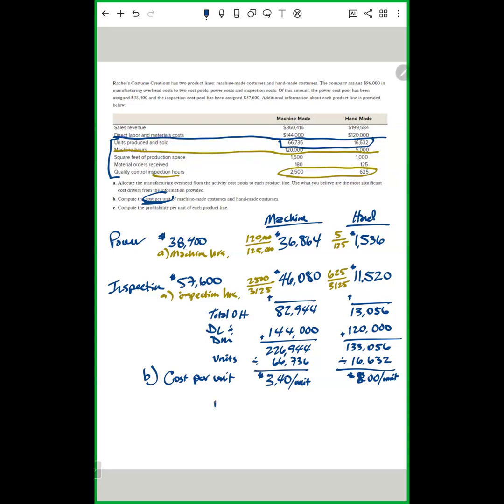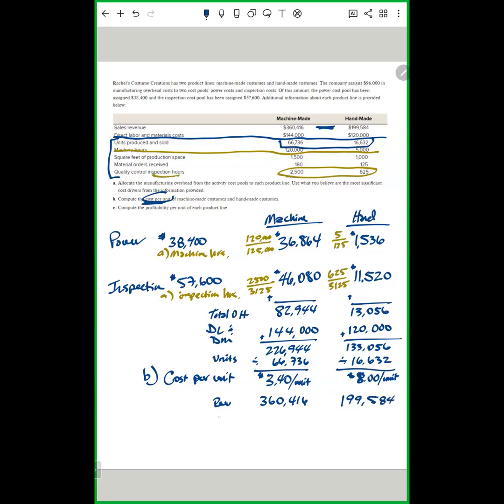So let's start with that. The total revenue number is 360,416, and this is coming from this very top line, right here. And then 199,584 is the revenue.